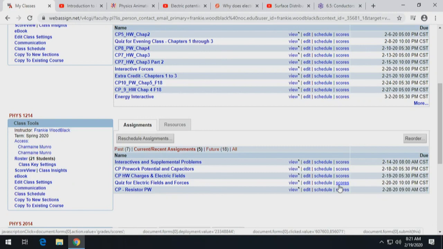And remember, my flux is going to be the net charge inside divided by the permittivity of free space. So don't make it harder than it is. And that's Gauss's law. So flipping through here, I did see one flux question.